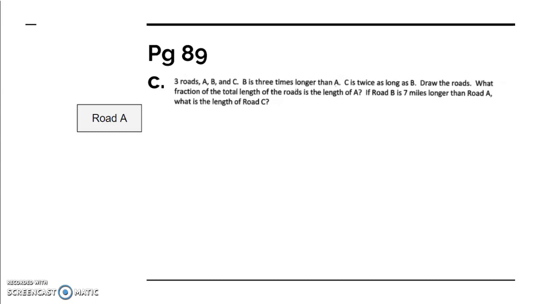So I'm going to make sure that I have my first piece as road A. Now, I can work from here. B is 3 times longer than A, which means that I have road A, but now I have 3 of them. So now I have to figure out, am I taking this road A and cutting it into 3, or am I taking this piece and making 3 pieces of it?